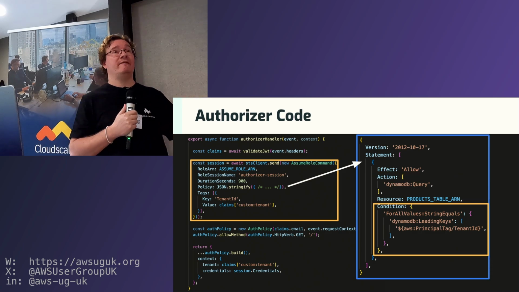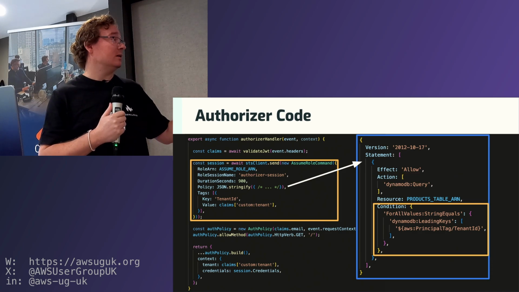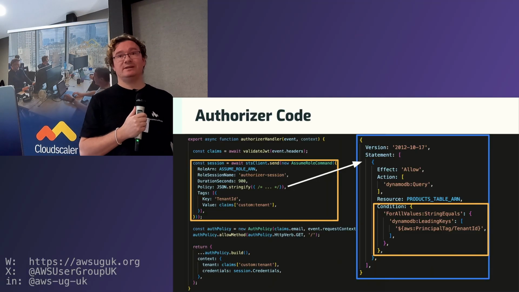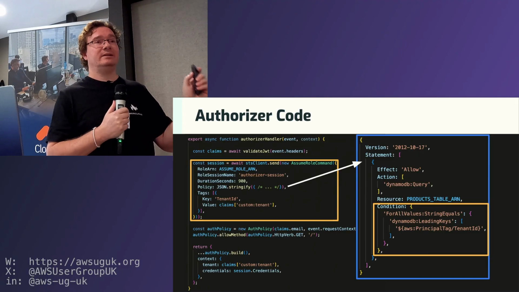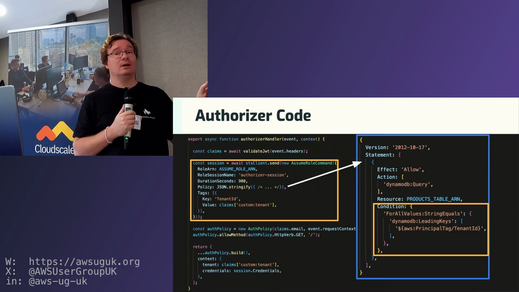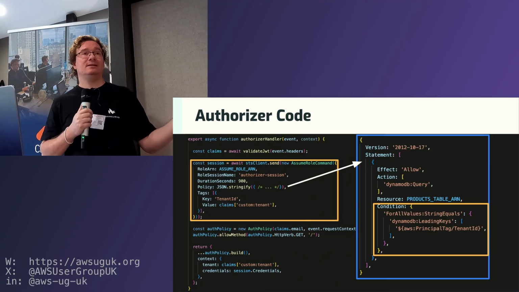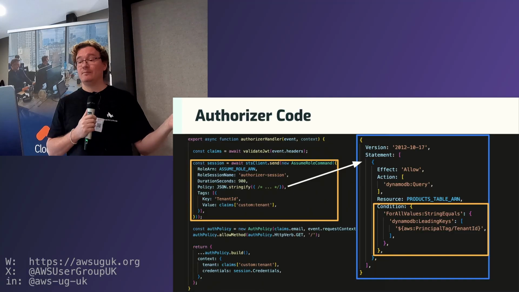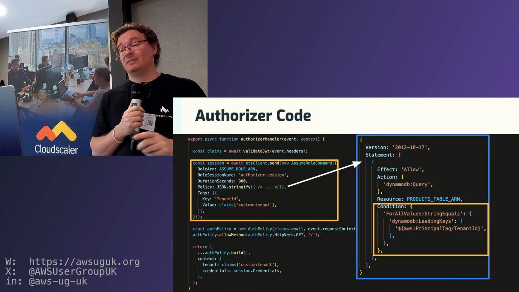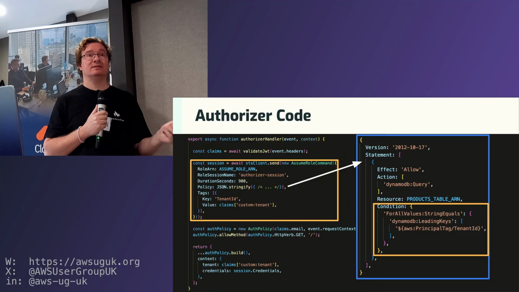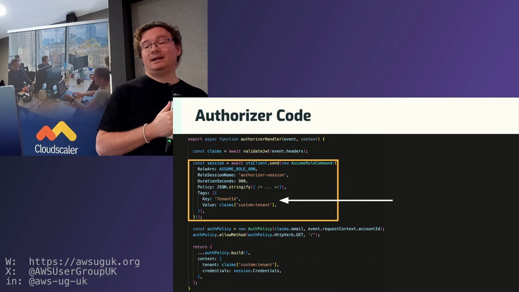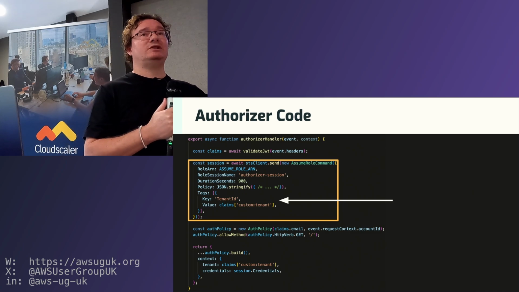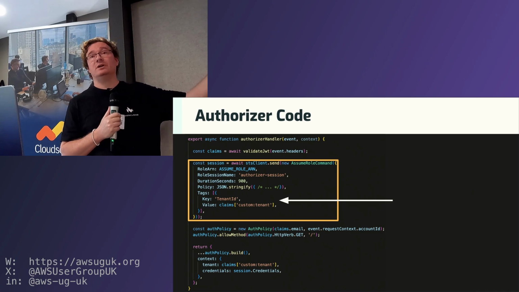And a very special thing here, a condition. You can query this table only under a certain condition: you can only query if the leading keys, that means the partition key, the primary key, for those not used to DynamoDB, match a specific tag, principal tag tenant ID. And that's a tag that we set on the session, using the value that we extracted from the token we just validated.